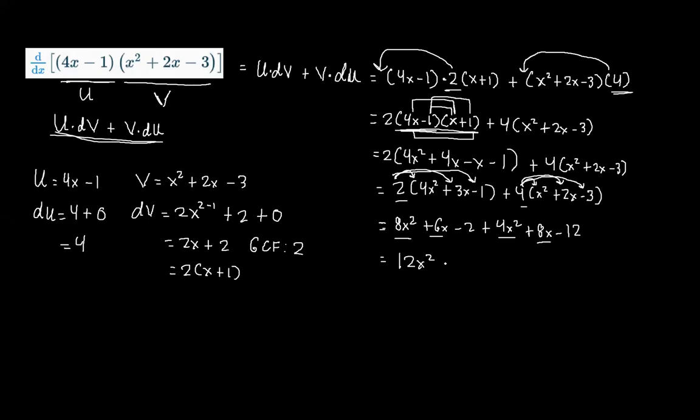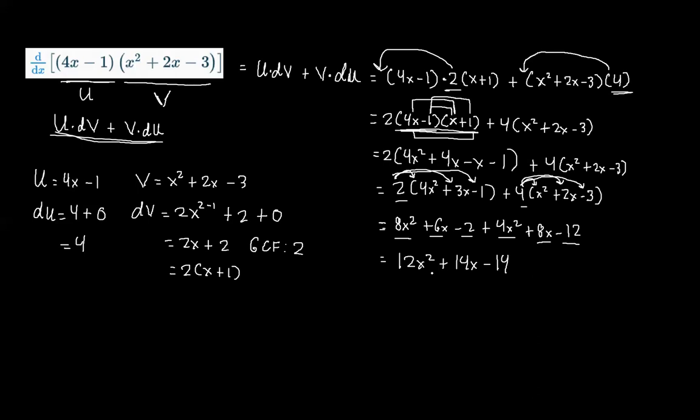So 6x plus 8x will give you 14x. And lastly, negative 2 minus 12, we're going to combine them because both of them are constant terms, meaning they are just numbers. There's no variable involved. The result would be negative 14.